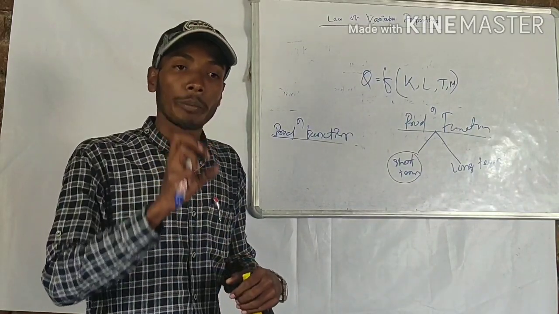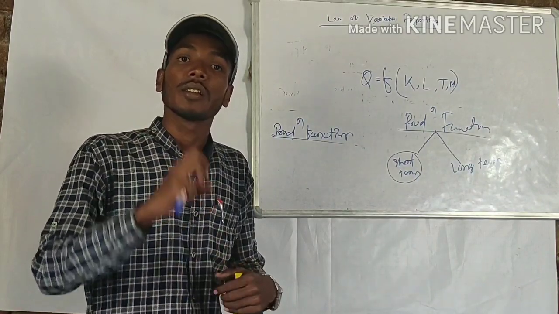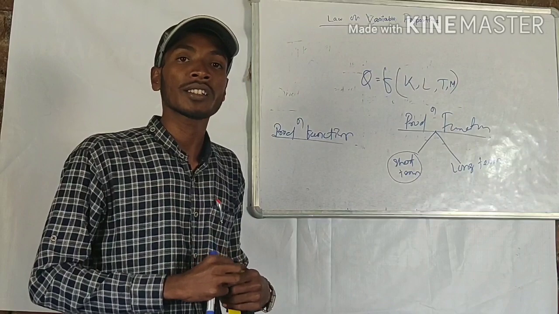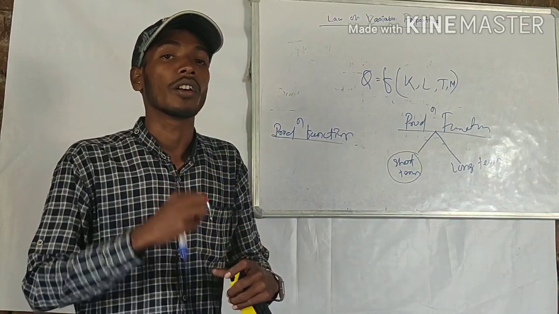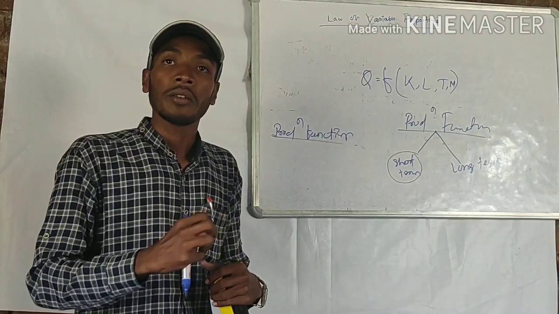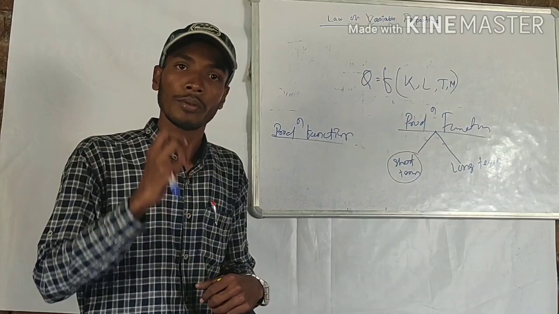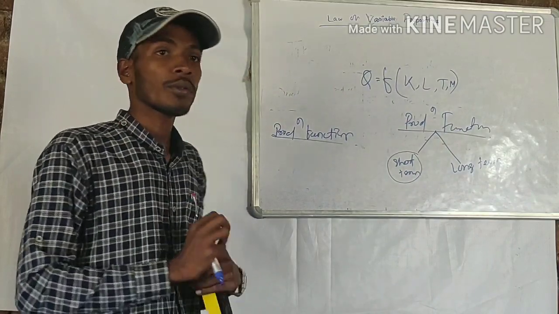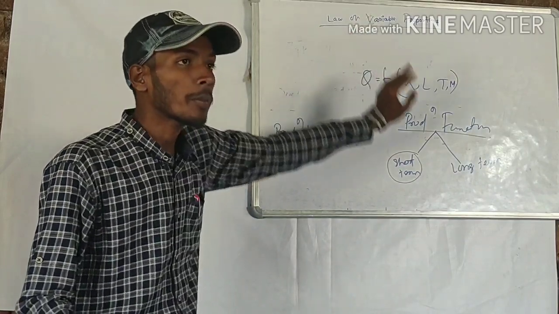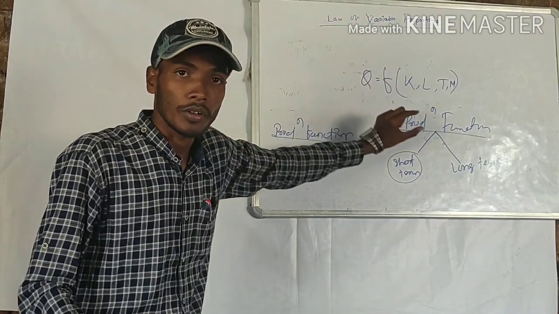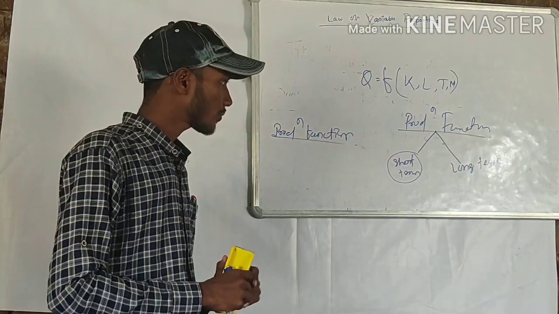That means some factors are fixed in nature, and there are some variable factors. If we want to increase our production level or output level, then we have to use some variable factors. So the law of variable proportion comes out from the short-term production function.